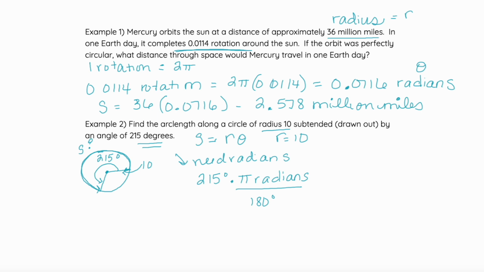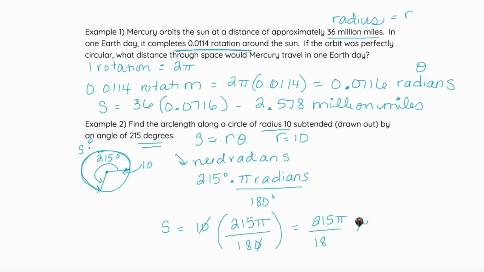I'm going to keep this in its exact value because now that I have it in radians, I am easily able to keep it in its exact value by taking our radius times our theta value of 215 pi over 180. We could reduce. We now have the exact value of the arc length.